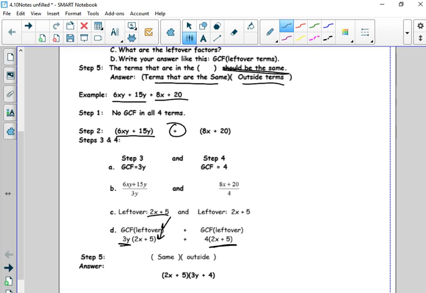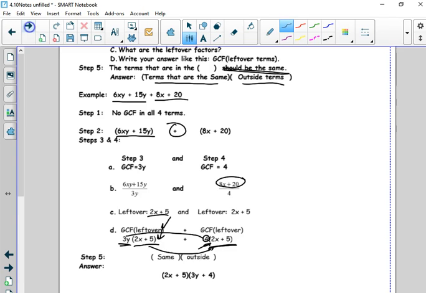And here's the beauty of this method. You can actually kind of cheat. Once you know this is 2x plus 5, you can immediately write it right there. And then ask yourself, what do I need to divide this by to get this? Oh, 4. And then all you do is take these 2 and hook them up. You're in your team, 3y plus 4, times 2x plus 5.